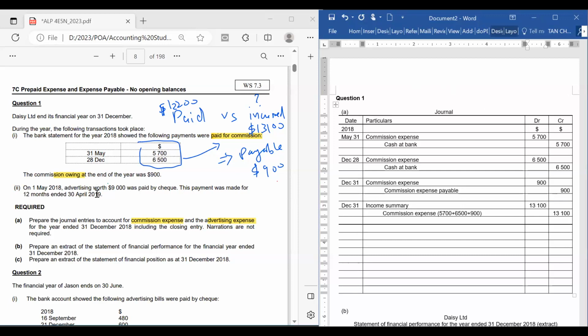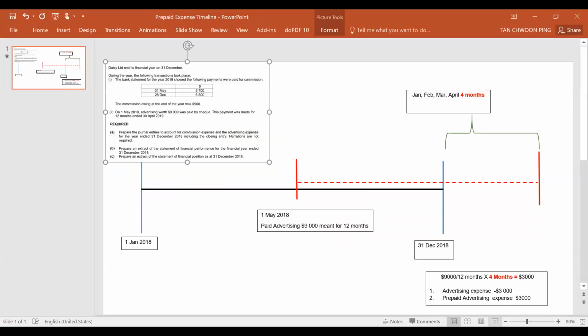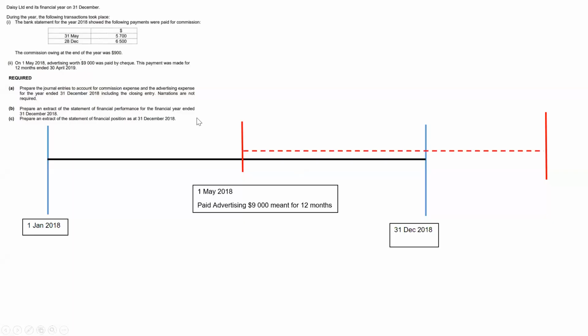Okay, for advertising expense here, there are a couple of dates given. So what I will do is I want to use this to explain to you what's going on here.